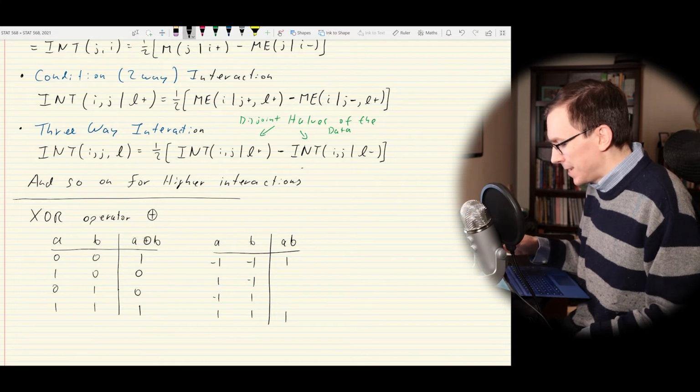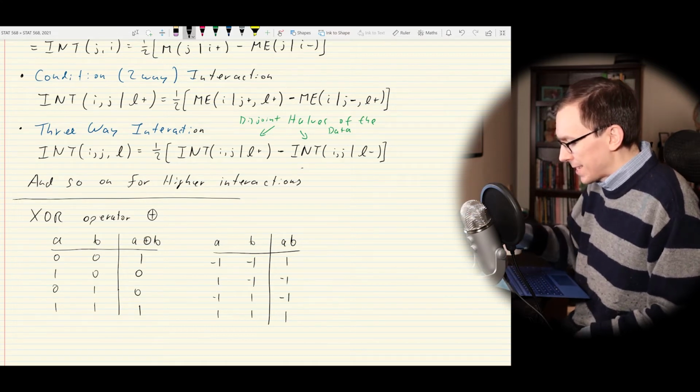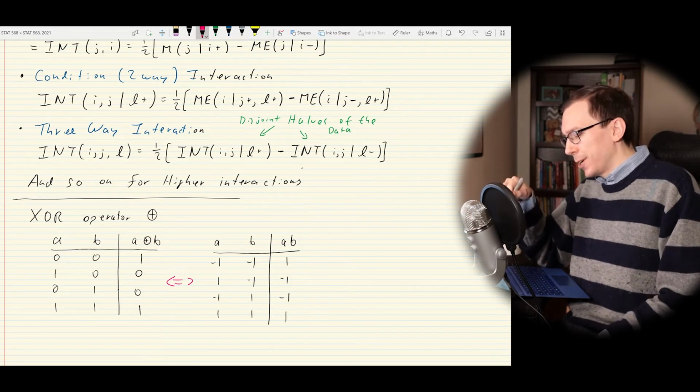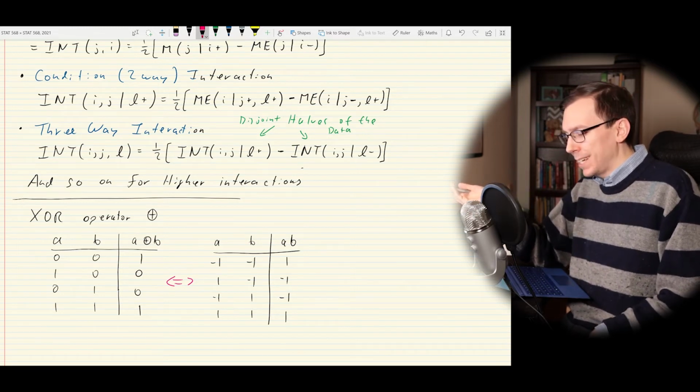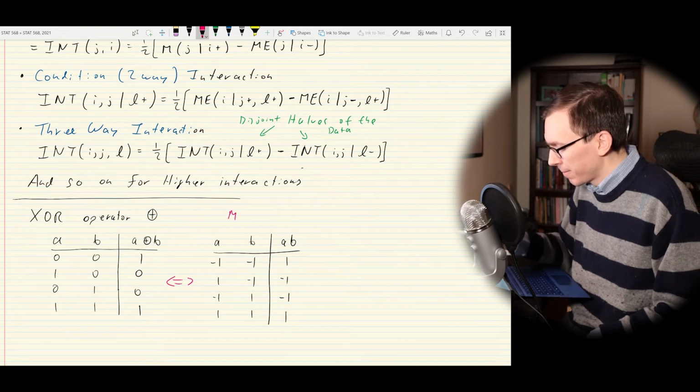And if the signs are different, minus 1 times plus 1, I get minus 1. So notice that these are kind of the same thing equivalently. It's just that I replace 0 with minus 1, and I replace the XOR operator with just multiplication. We'll just use red.